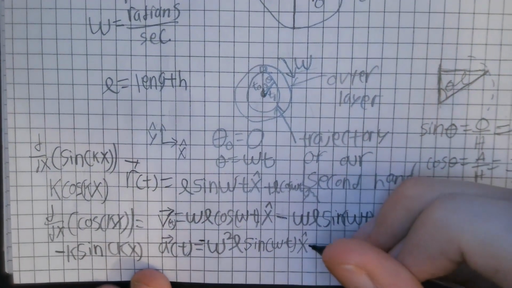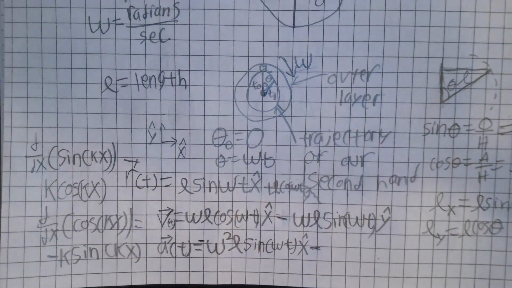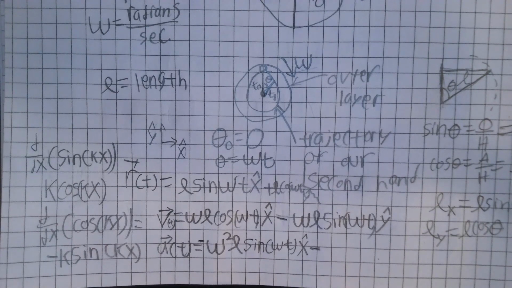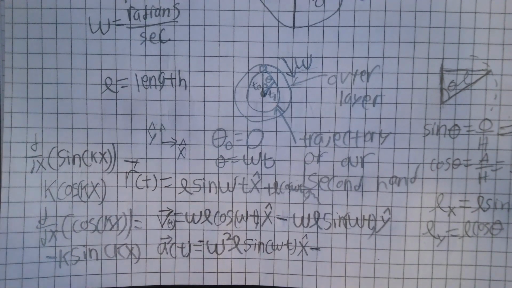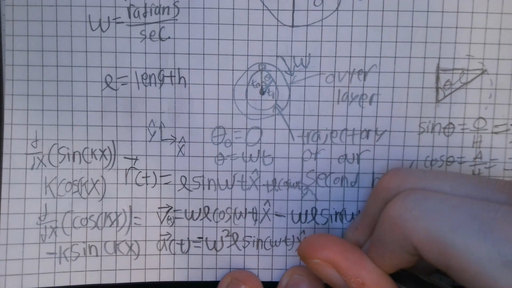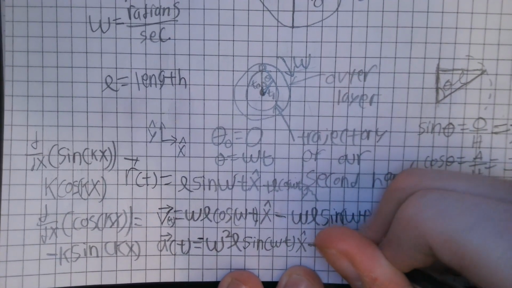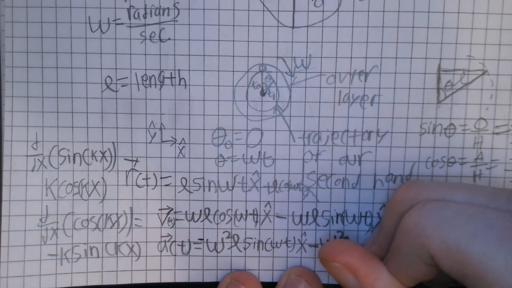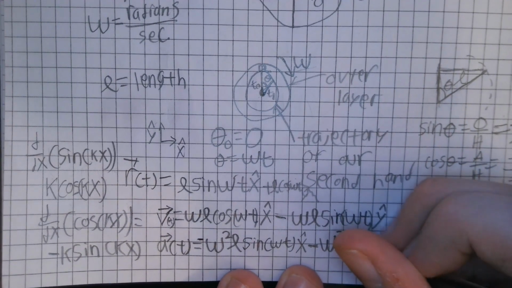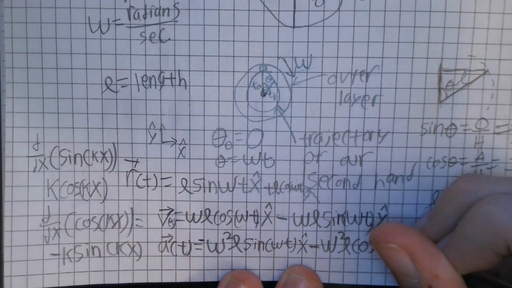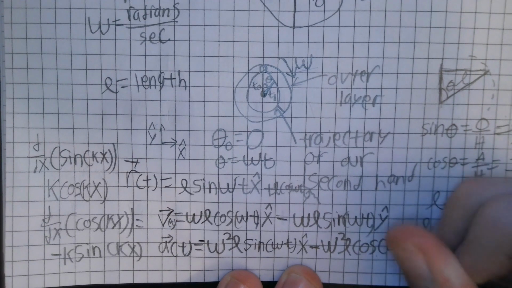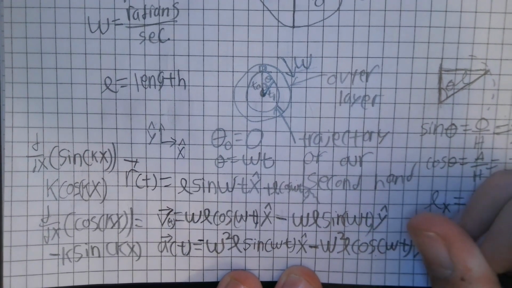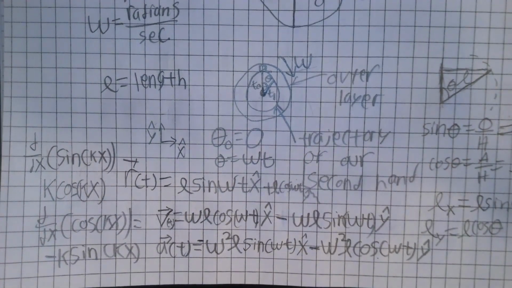We're going to keep the minus sign here because the derivative of sine is going to be positive, but we already have a negative outside. Negative times positive is just a negative. You get the same thing on the outside, but now it'll be a cosine function, and that's going to be in the y hat direction. Okay? And that's what we'll find.